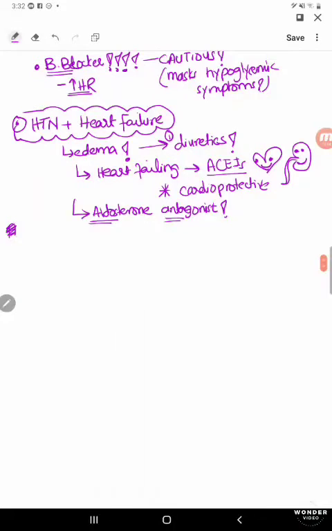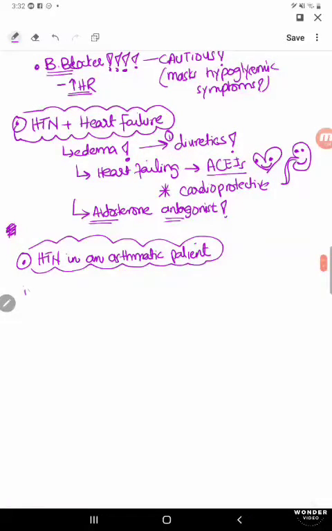Okay, so what about hypertension in an asthmatic patient? Okay, so the most important thing here for you to understand is that whenever we have an asthmatic patient, always remember that beta blockers, if we use, I would suggest that stay away from beta blockers.